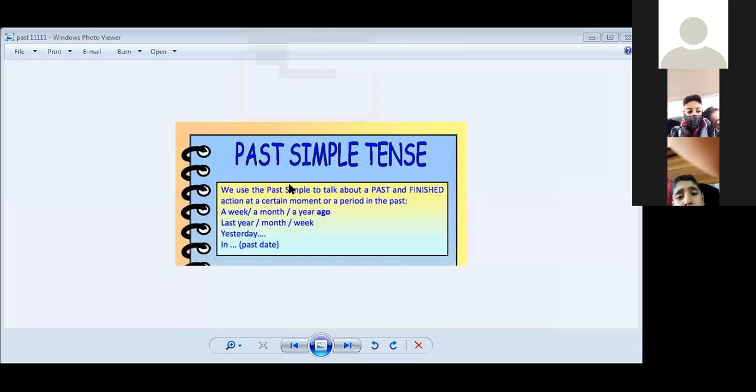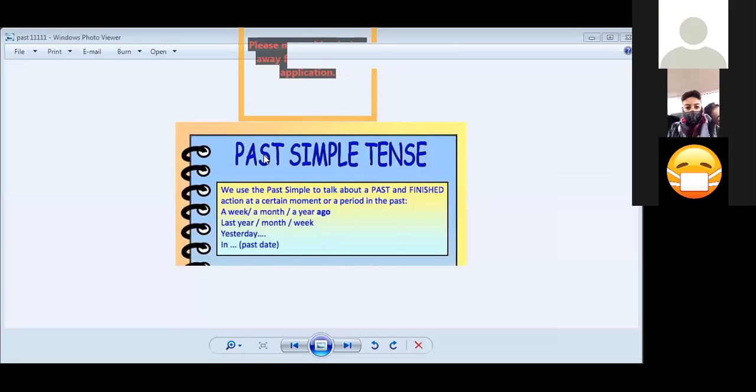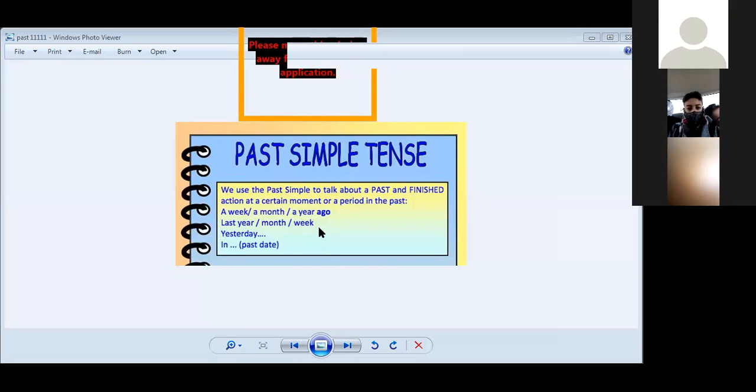So we use simple past to talk about actions, activities that happened in the past, okay, student?